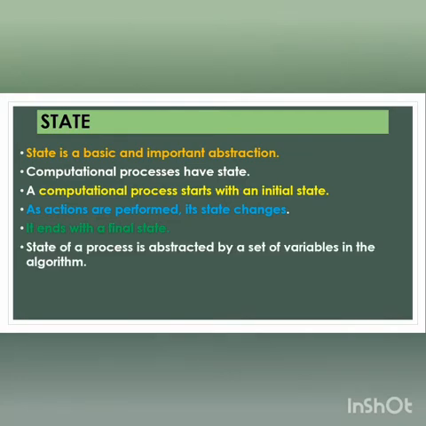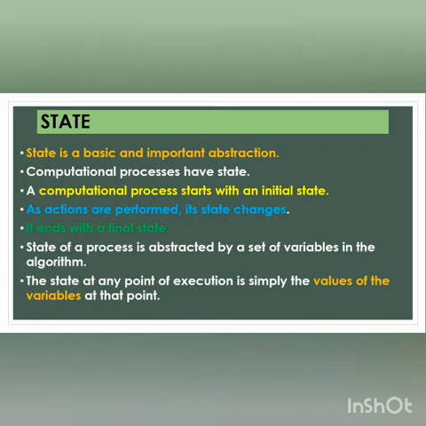In an algorithm, the state of a computation is abstracted by a set of variables. The set of variables is called state. The state at any point of execution is simply the values of the variables at that point. So this is all about state.